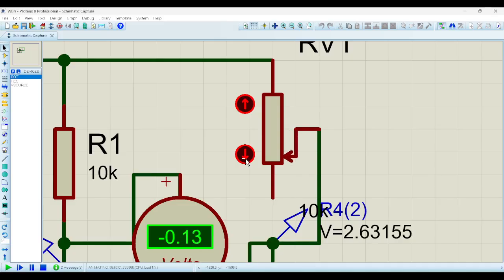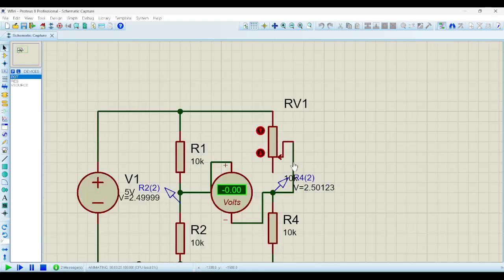When I change this to the lower side, I will get 10K. When I go to the upper side, I will have 0 ohms, right? Because the resistance from here to there is 0. Here it's a little more, here a little more, until I get to its maximum value, which in this occasion I put as 10K.